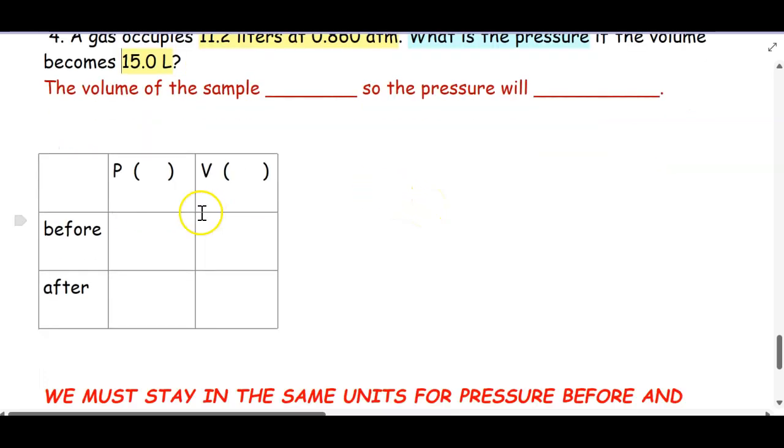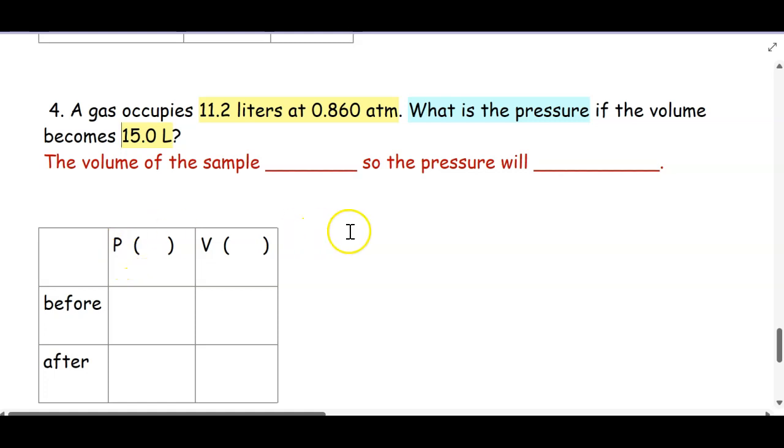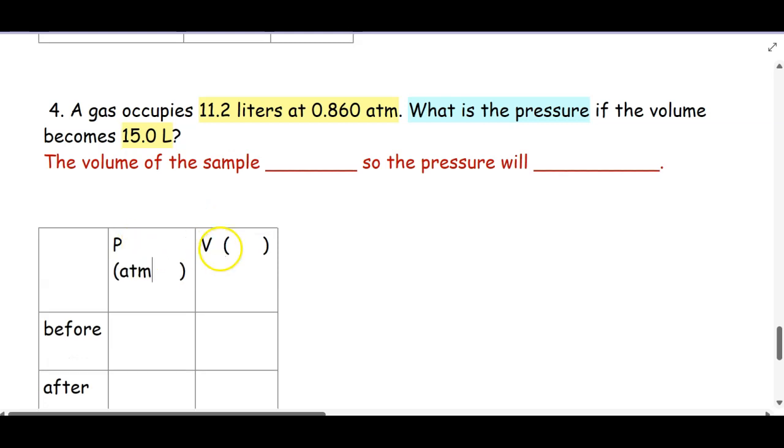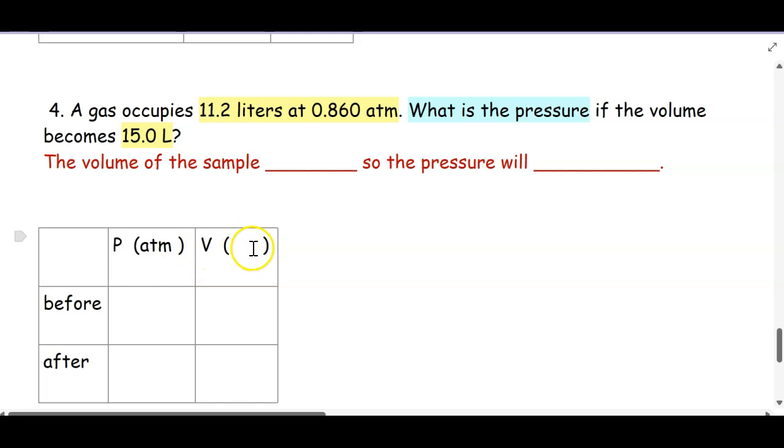Now it looks like the pressure unit. Let's look and make sure they're the same one. Oh, atmospheres. So you want to put atmosphere in here, ATM. I guess I gave too much space here. Volume. Let's see what it is. Oh, it's going to be in liters, and it's in liters here. Thank goodness it's the same unit. We don't then have to worry about that.